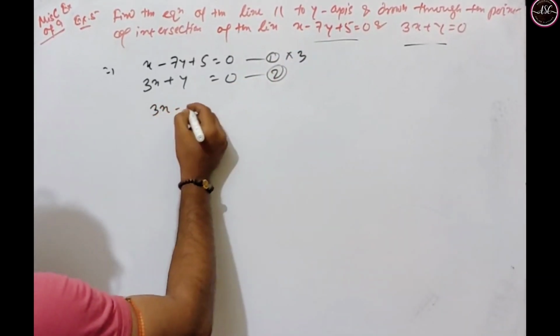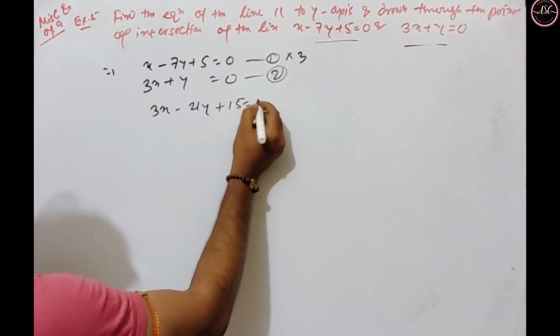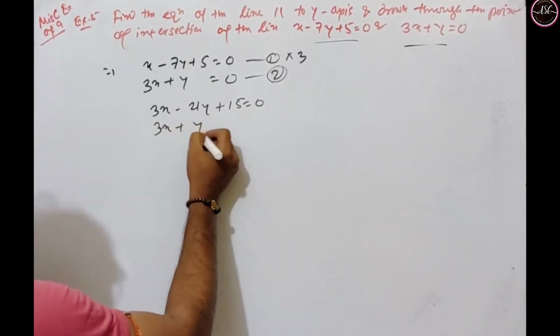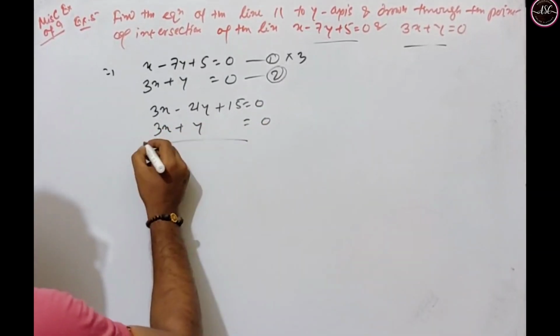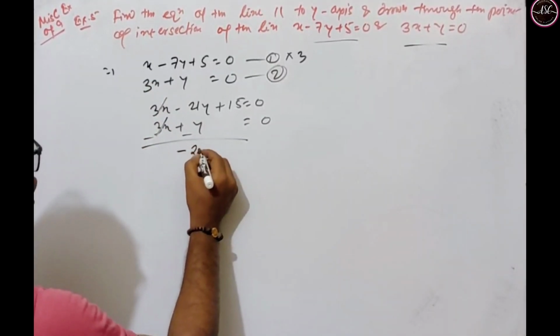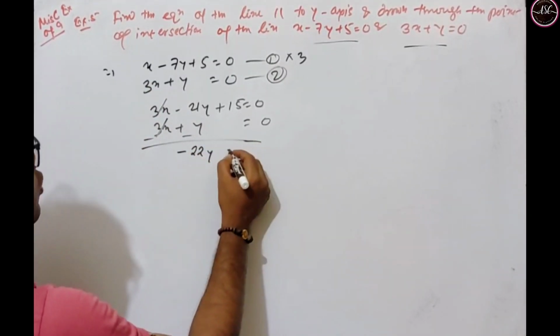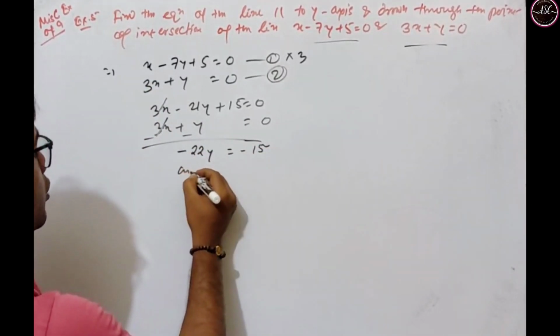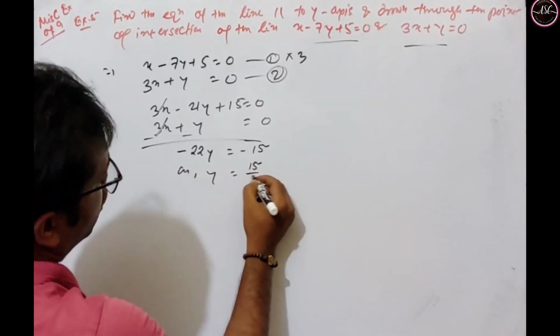So 3x minus 21y plus 15 equal to 0, and here 3x plus y equal to 0. Just subtracting, 3x will be cancelled out, here we have 22y equal to minus 15, or y equal to minus 15 by 22.